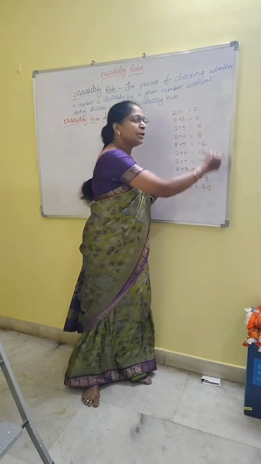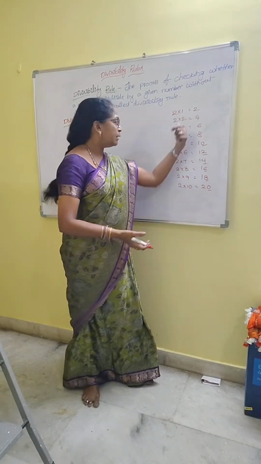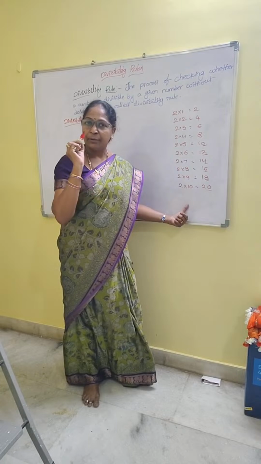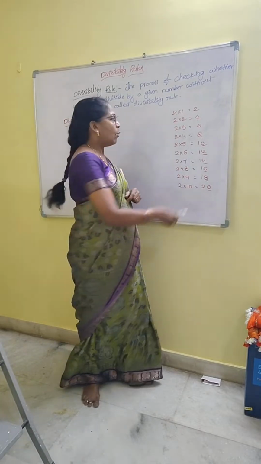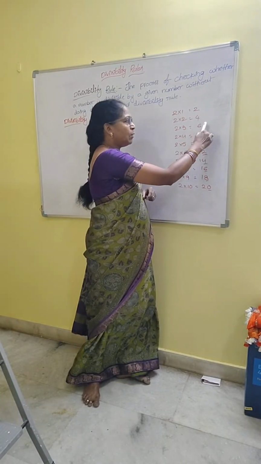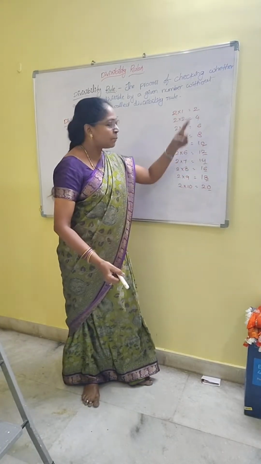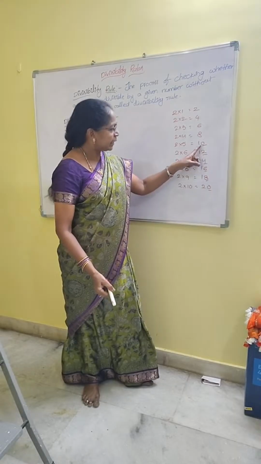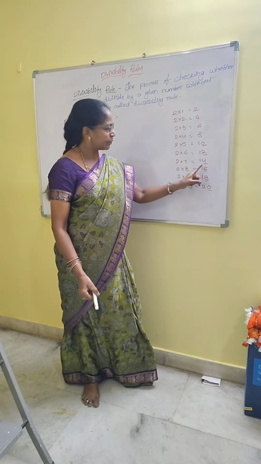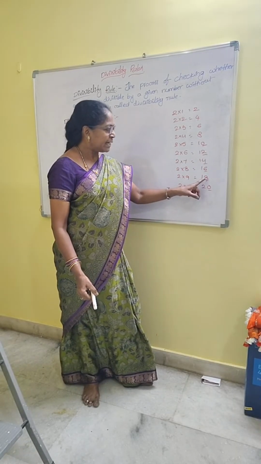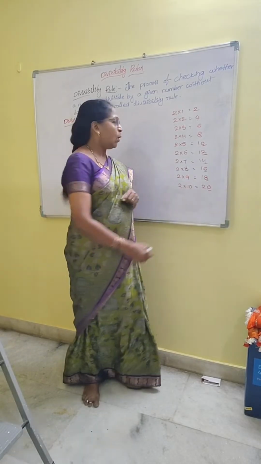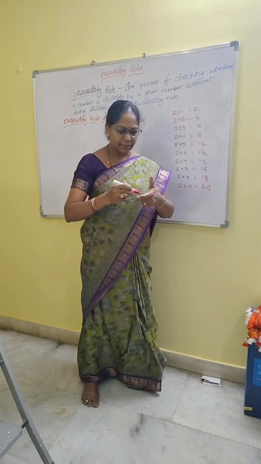If you observe the unit digit place in the table of 2, it is 2, 4, 6, 8, 0, and again those numbers repeat: 2, 4, 6, 8, 0. So always these numbers only will repeat.